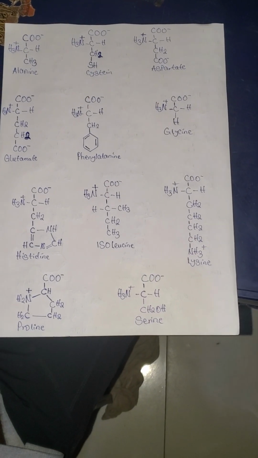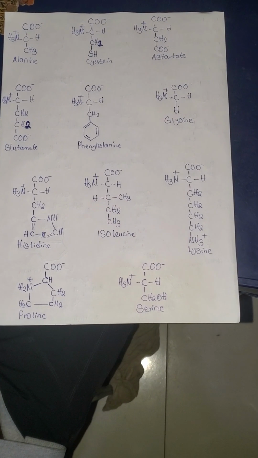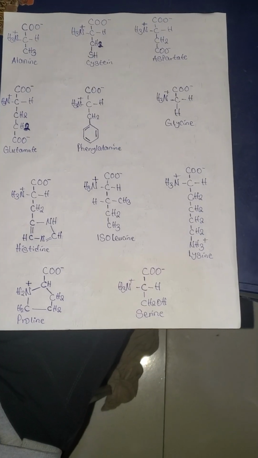In our last class, we gave an introduction to amino acids. We understood the definition of amino acids. We also looked at different forms of amino acids, the L form and the ionized form.